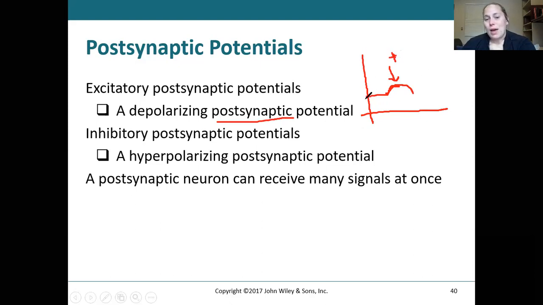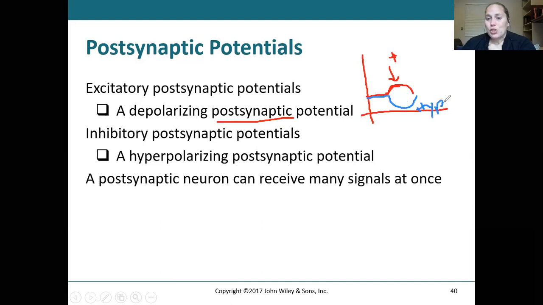Now, let's say you have an inhibitory neurotransmitter that's binding. Inhibitory neurotransmitters cause negative ions to flux in, so that causes a hyperpolarizing graded potential. So this is depolarizing, this is hyperpolarizing.